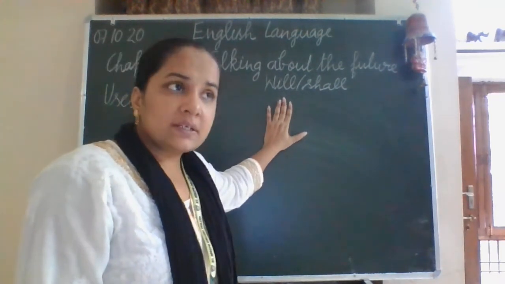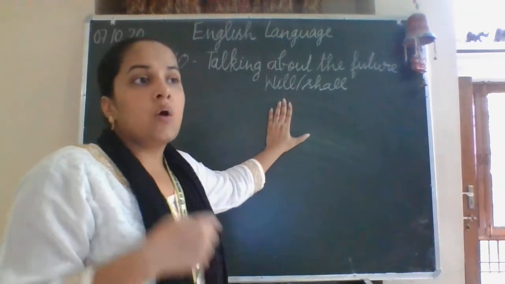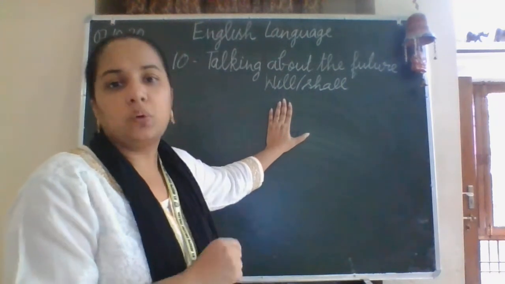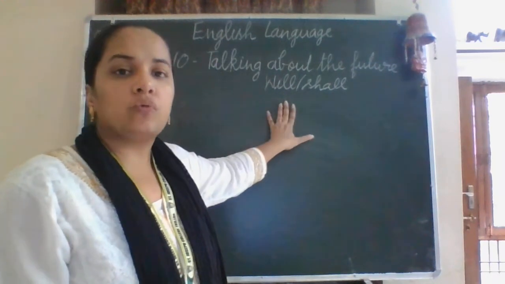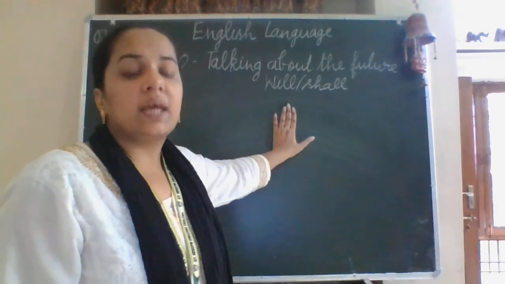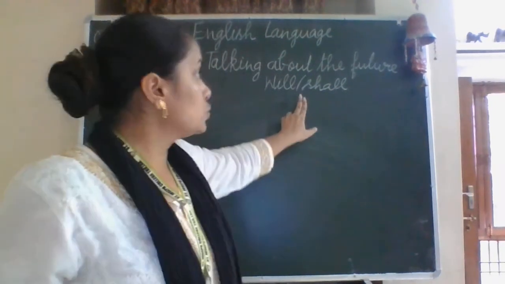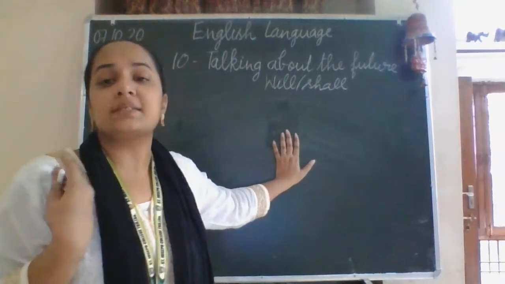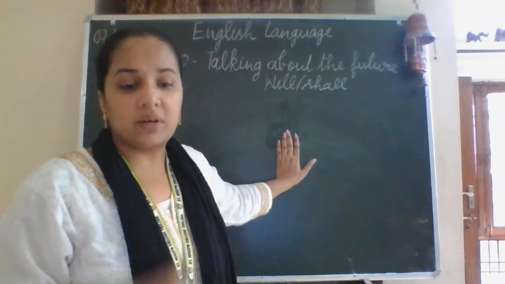Like we have discussed in the present tense and the past tense, there are certain rules about which helping verb will be used with a particular subject. Here there is no particular rule. We can use both will or shall with any of the subjects. But here the use of will or shall will depend on the condition in which we are saying or writing a particular sentence.